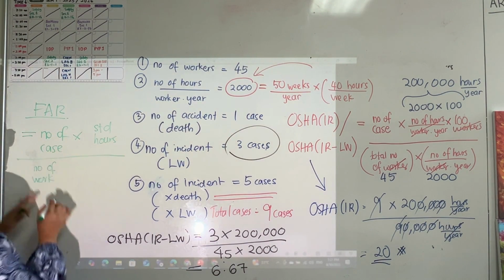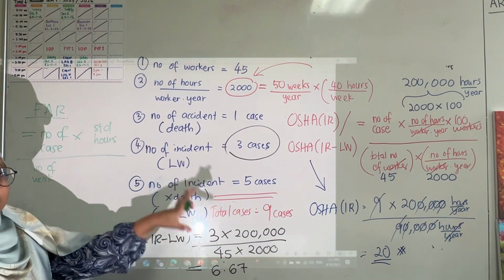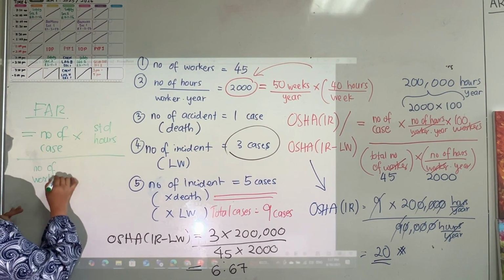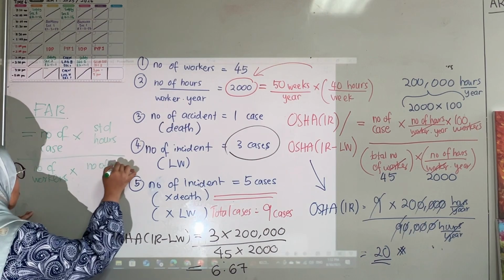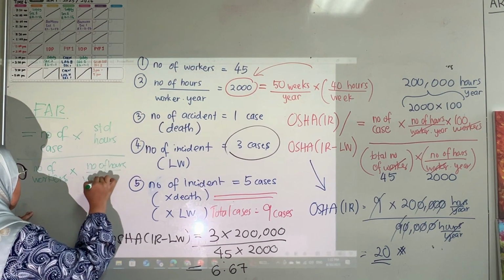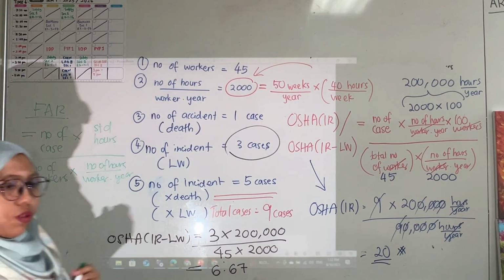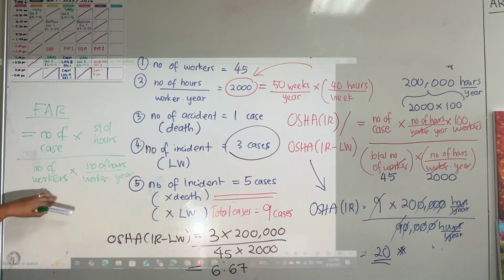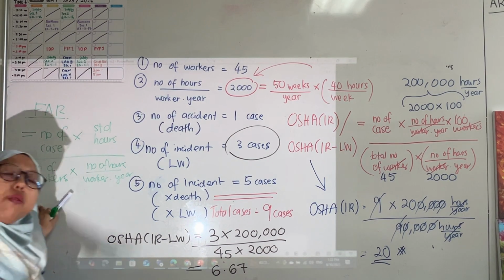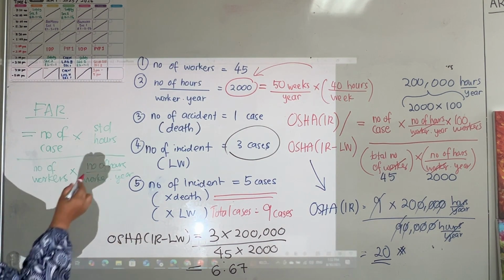The denominator will be similar to the calculation that we used to calculate the OSHA IR just now: number of workers times number of hours per worker per year. You have to look here carefully. This should be similar to OSHA IR, where the value is dimensionless.